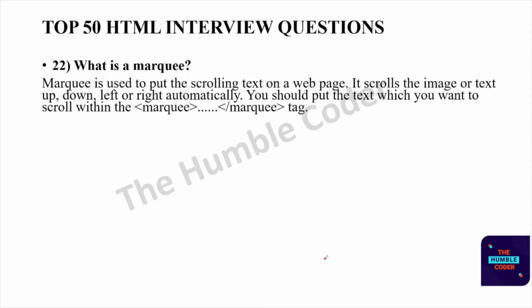You should put the text which you want to scroll within the marquee tag, and we make use of an opening marquee and an ending marquee. Once this is done, whatever you have kept between the marquee tags will be scrolling on the web page.